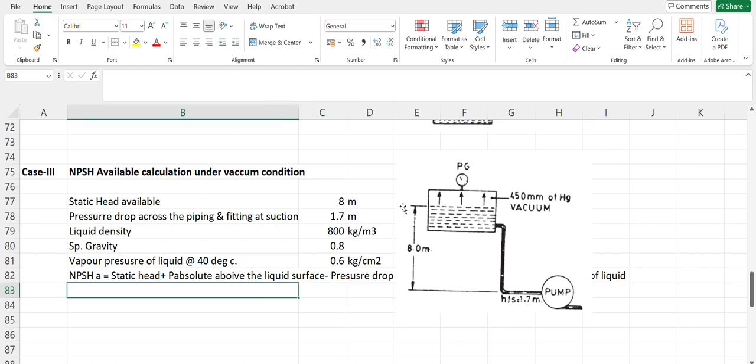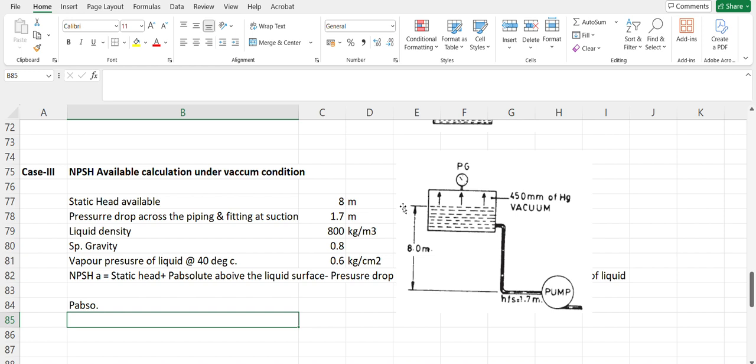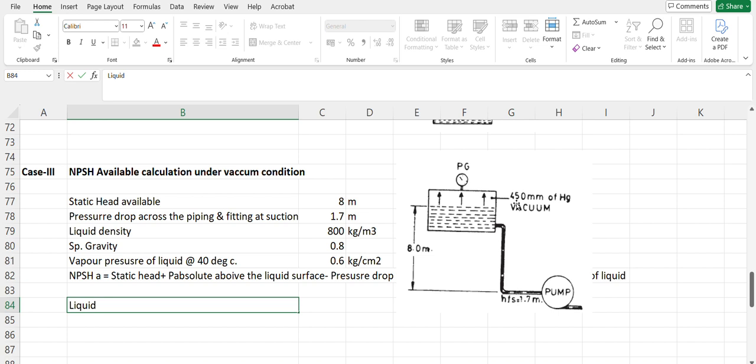Now we have to calculate the P absolute. The rest of the things are available with us. First we will check the P absolute, which is the pressure available above the liquid surface. Here we have 450 mm of Hg vacuum. To proceed further, we first calculate the liquid vapor pressure.